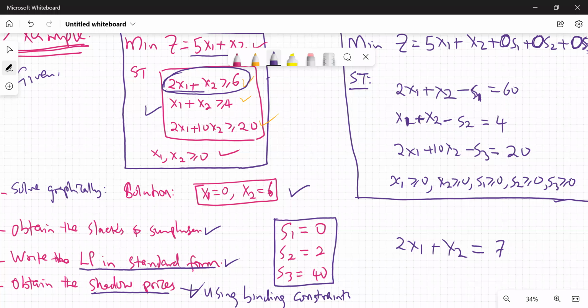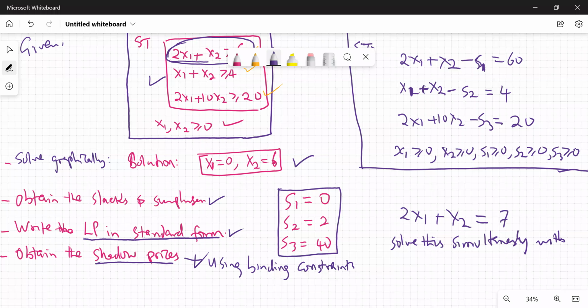So you solve this simultaneously with the other binding constraint, which is passing through the optimal point. And in this case, this will be the equation x1 is equal to 0. That's a vertical line.